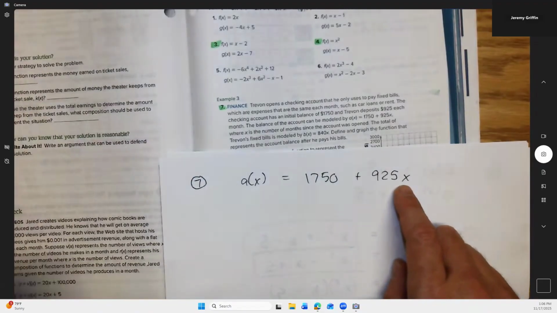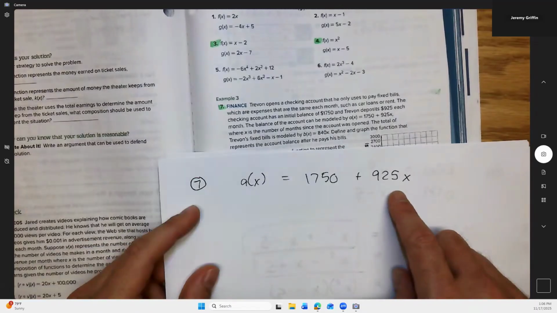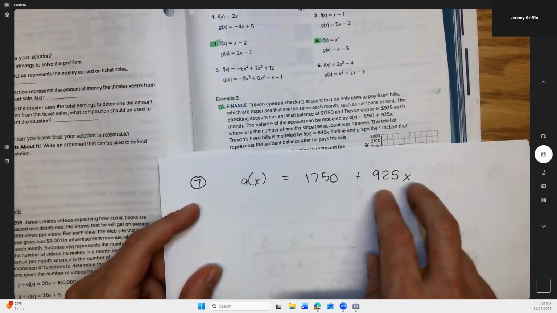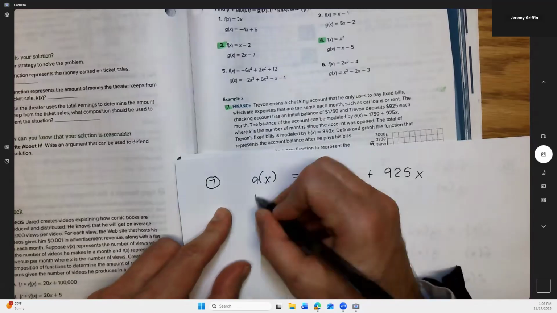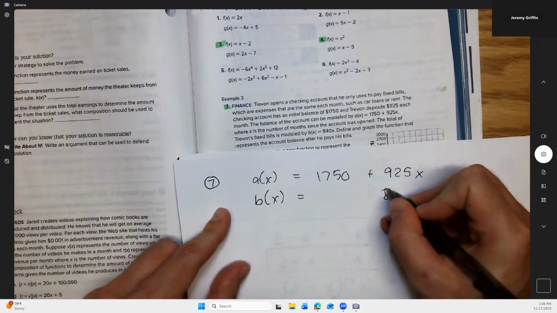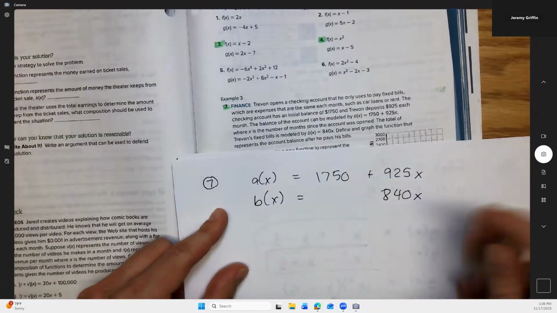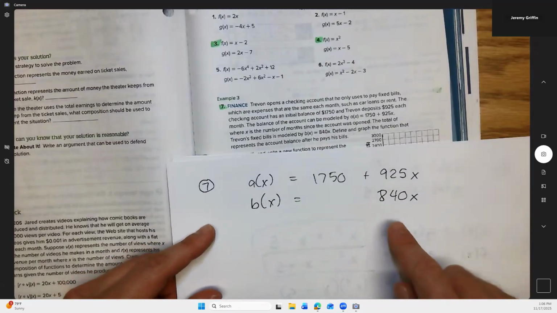So as he's working his job, he's always putting in $925 every month. So if 10 months pass, you could add over $9,000 to the initial amount. But then his bills, B of x, is 840x. So there's this rent and this car loan, and so that's being subtracted.